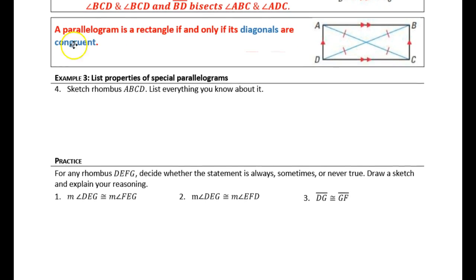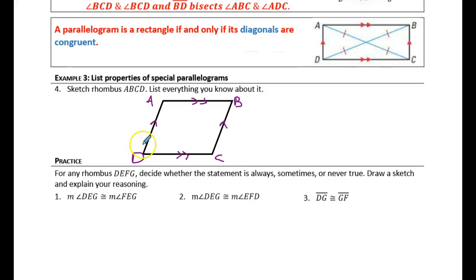So I want to sketch rhombus ABCD, and I want to list everything I know about it. And by listing it, I'm going to draw it. So here's my rhombus, A, B, C, and D. And because it's first a parallelogram, I know that opposite sides are parallel.